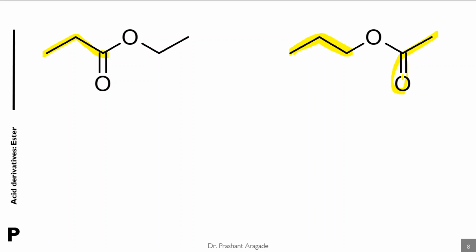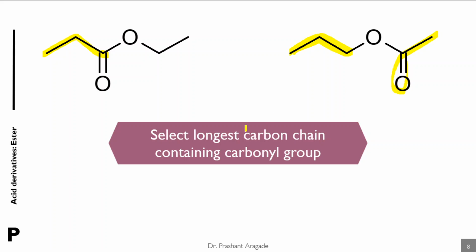So you have to select the carbon chain which contains the functional group, and this carbonyl is one of the prior functional groups. So in the case of an ester, the longest chain selected is the one containing the carbonyl group. Remember this rule: while selecting the longest carbon chain, you must select the chain which contains the carbonyl group.